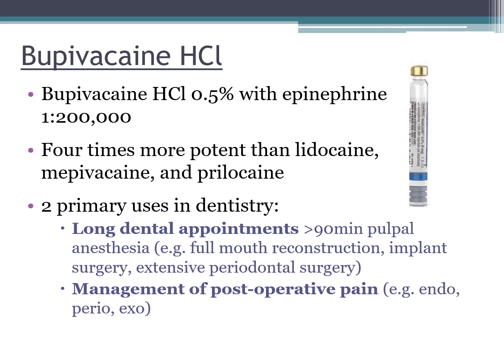It is primarily used for long dental appointments, extensive periodontal surgery, full mouth reconstruction, implant surgery, or used for the management of post-operative pain, like after a very long or difficult root canal treatment or perio surgery, implant surgery, or extraction.